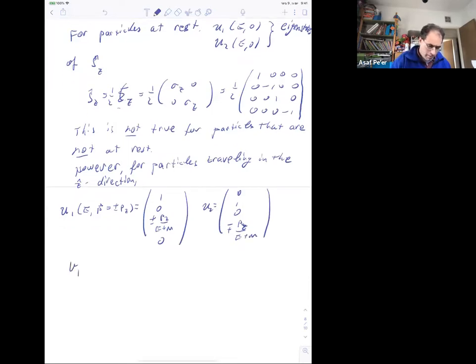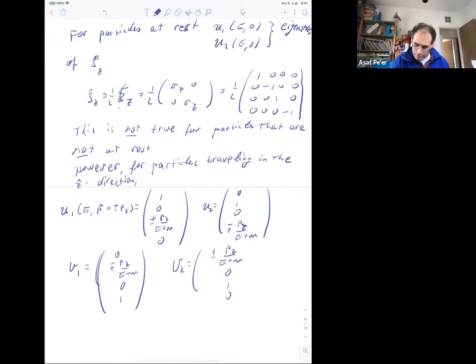And then v1 is 0, minus plus pz over E plus m, 0, 1. And v2 is plus minus pz over E plus m, 0, 1, 0. So these are eigenstates. It's not general, it's a specific situation where the particles happen to be moving in the z direction.